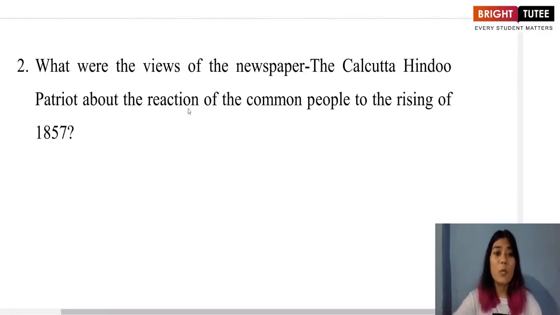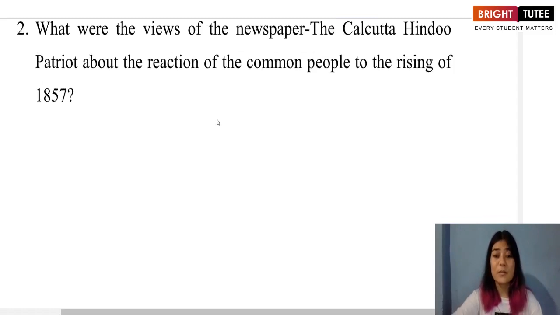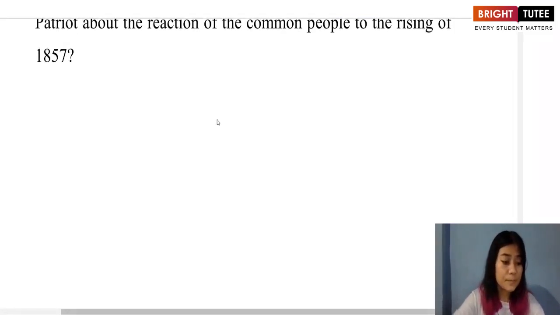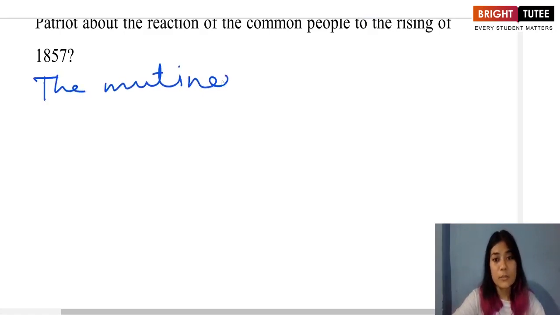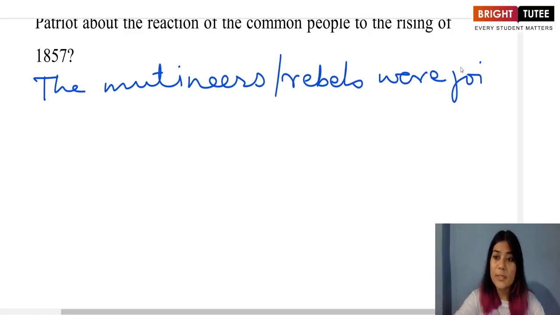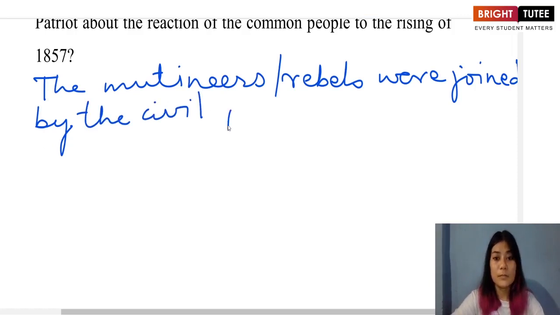The next question, what were the views of the newspaper, The Hindu Patriot, about the reaction of the common people to the rising of 1857? So according to the paper, the mutineers or the rebels were joined by the civil population.